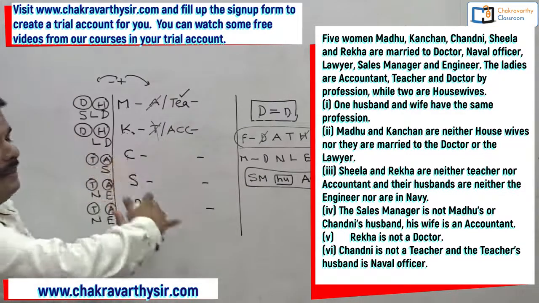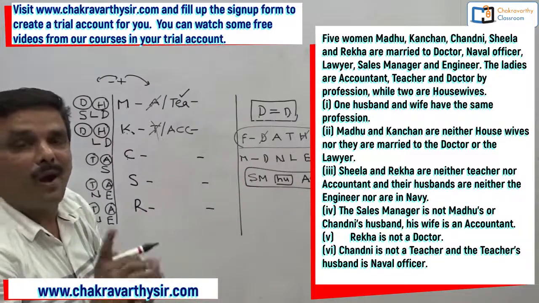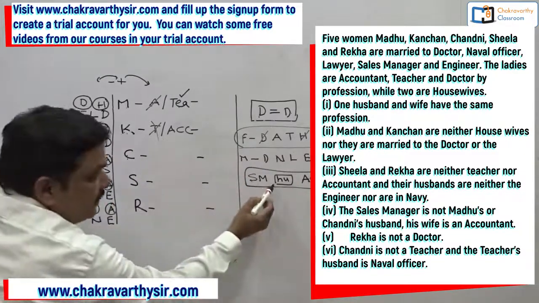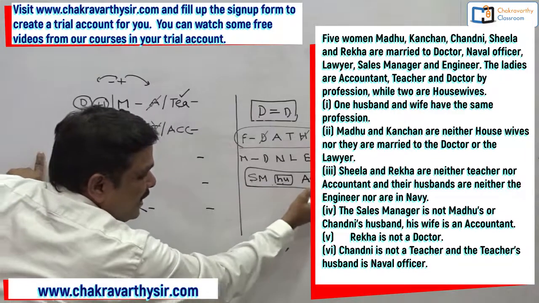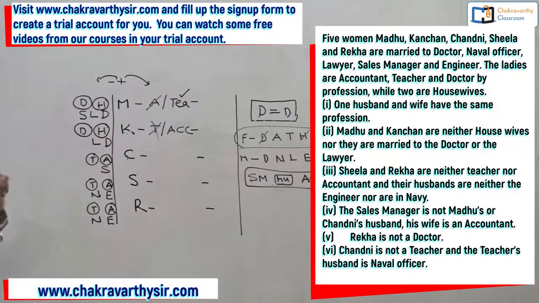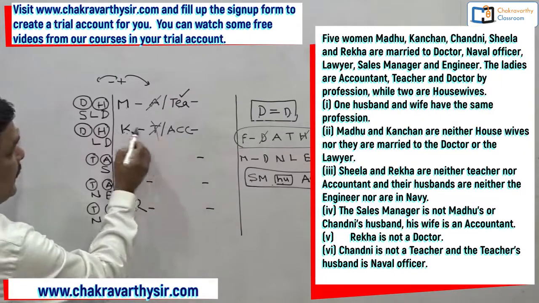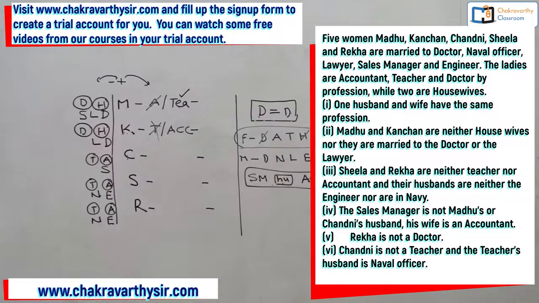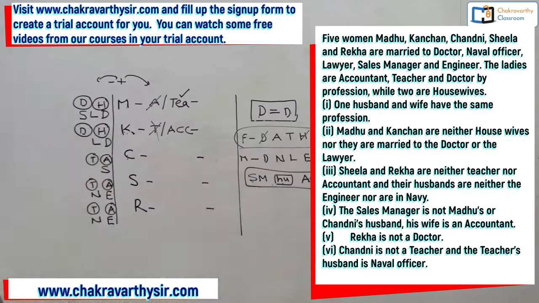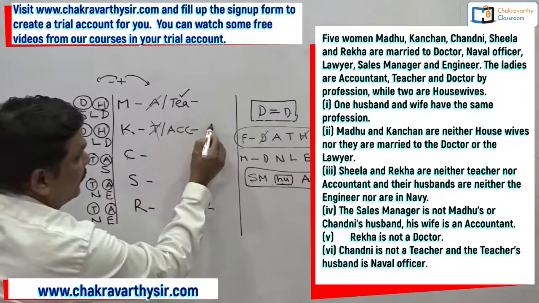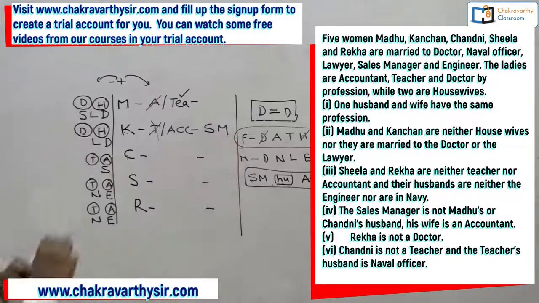You can go a little further also. How can you go further? Take the positive information here: salesman's wife should be accountant. So here already this lady is accountant, so this lady must be wife of a salesman. So I need to keep a salesman here.